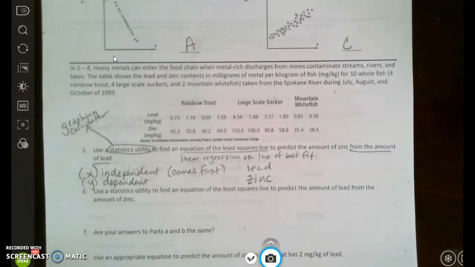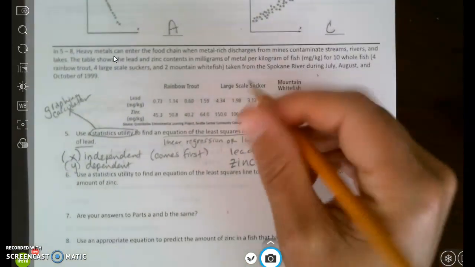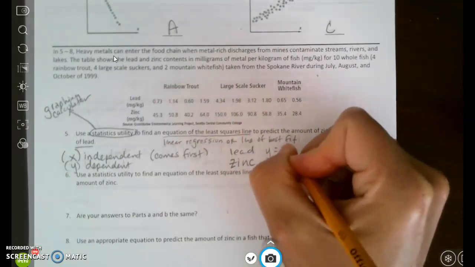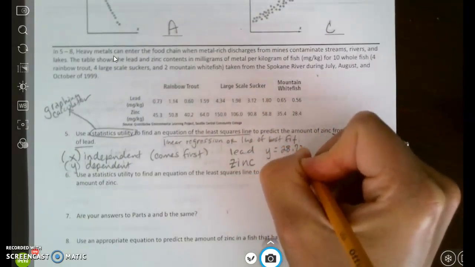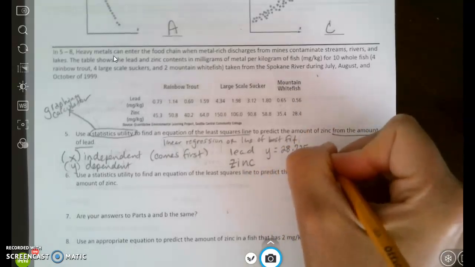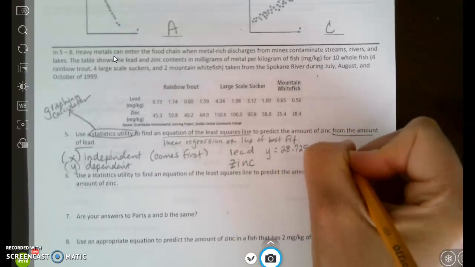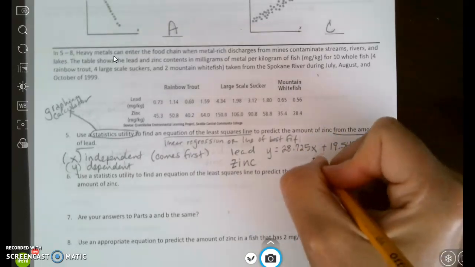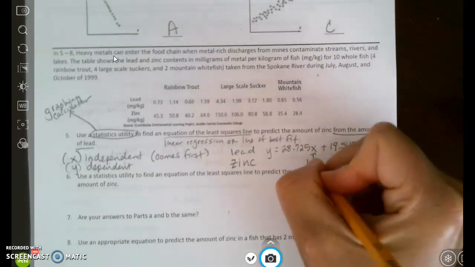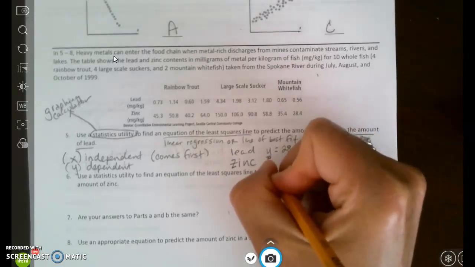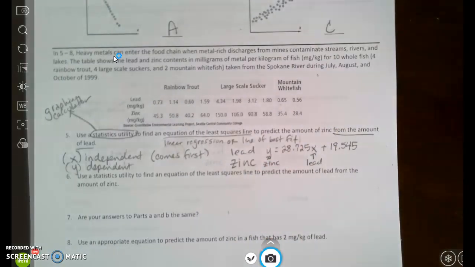Okay, so using the information off of my calculator, I'm going to write that equation, which is Y equals 28.725, or 725 thousandths, X plus 19.545. All right, and remember X, we said, is lead, and Y is zinc. I like to always label my equations with what X and Y are.